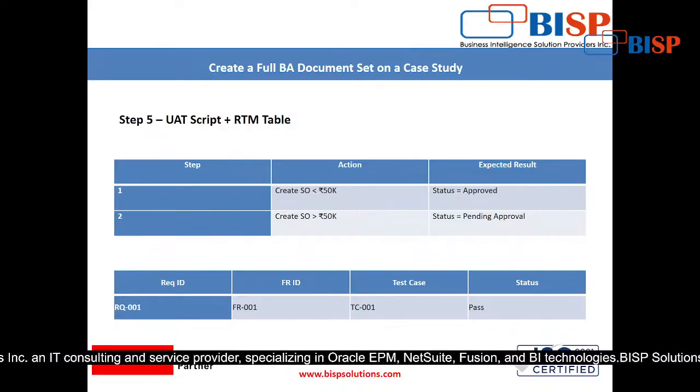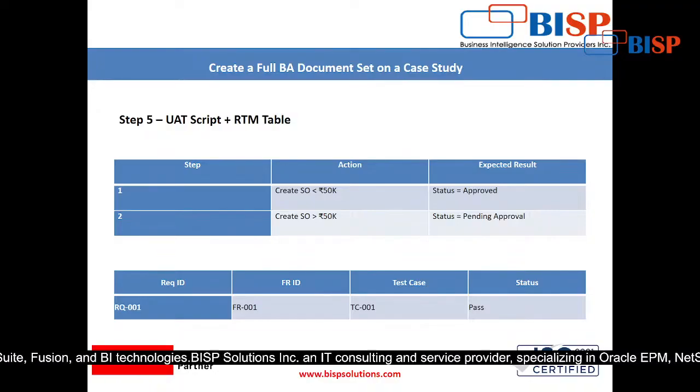Again, I am reiterating it. What was the requirement? What was the functioning of what they wanted? That means FR001. What test cases did you use after completion of that functional part? How many test cases did you use?